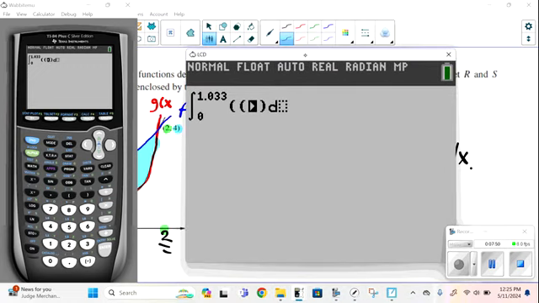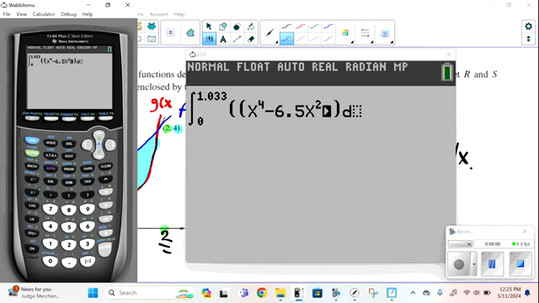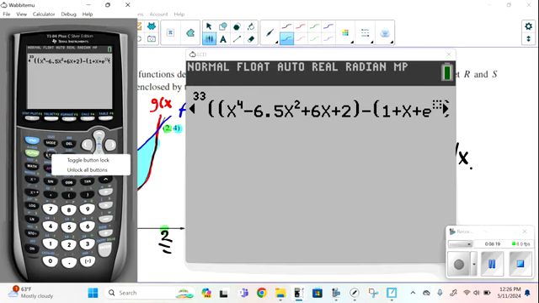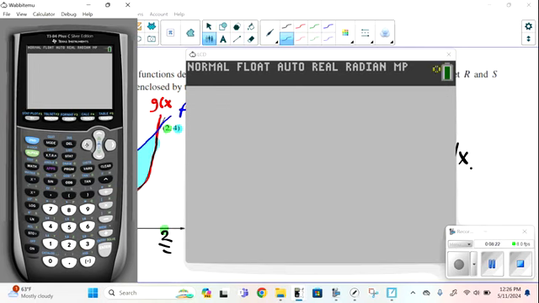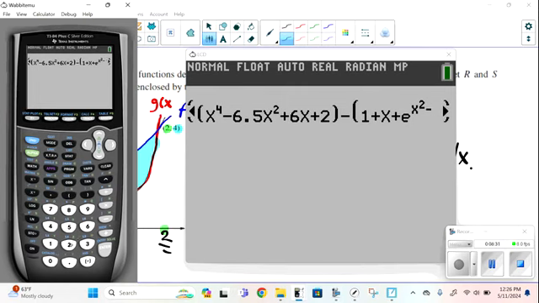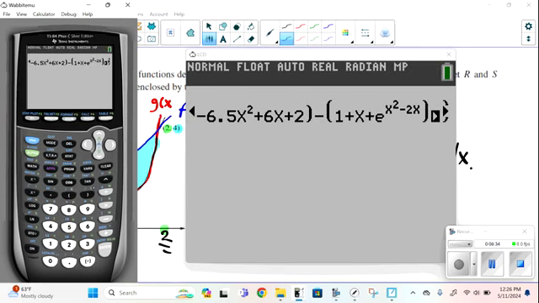Okay, g of x is x to the 4th minus 6.5x squared plus 6x plus 2, parenthesis, minus f of x, which is 1 plus x plus e raised to the x squared minus 2x. Put that parenthesis there. dx.